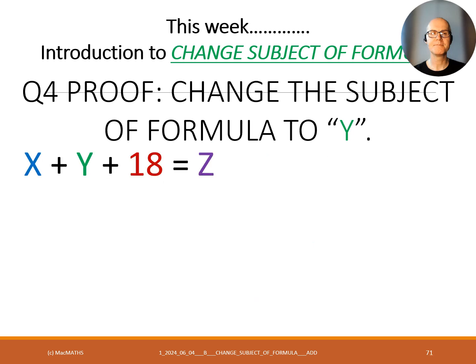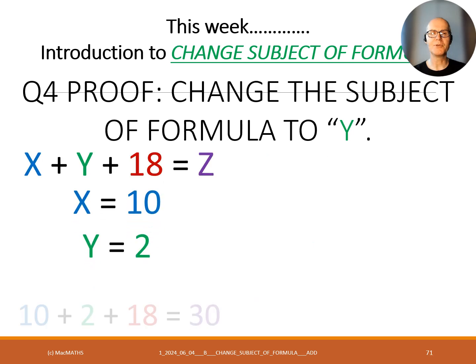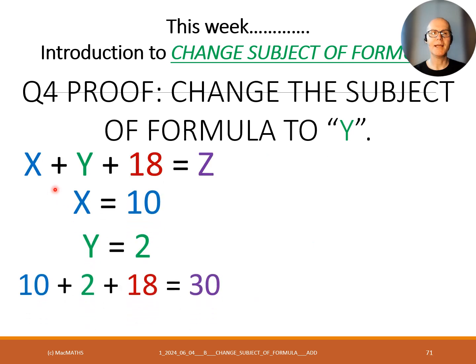Let's put some real numbers in. x plus y plus 18 equals z, for x equals 10 and y equals 2. 10 plus 2 is 12, plus 18 is 30. So we now have x equals 10, y equals 2, and z equals 30.